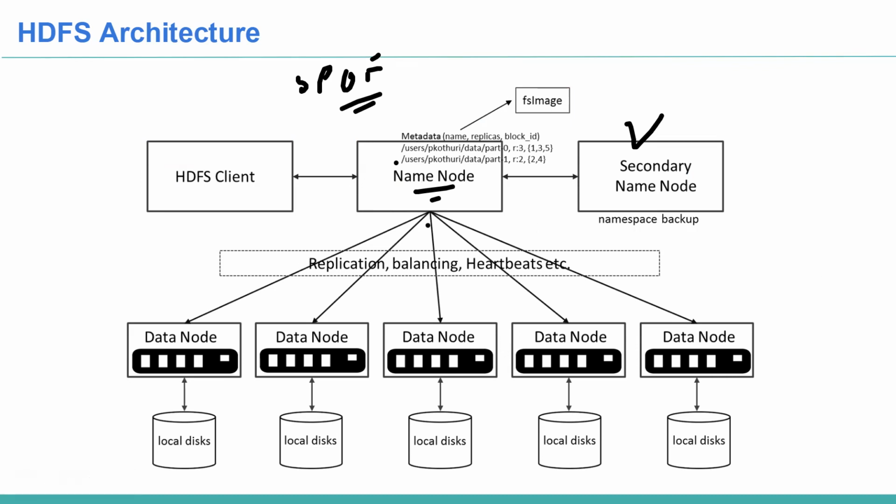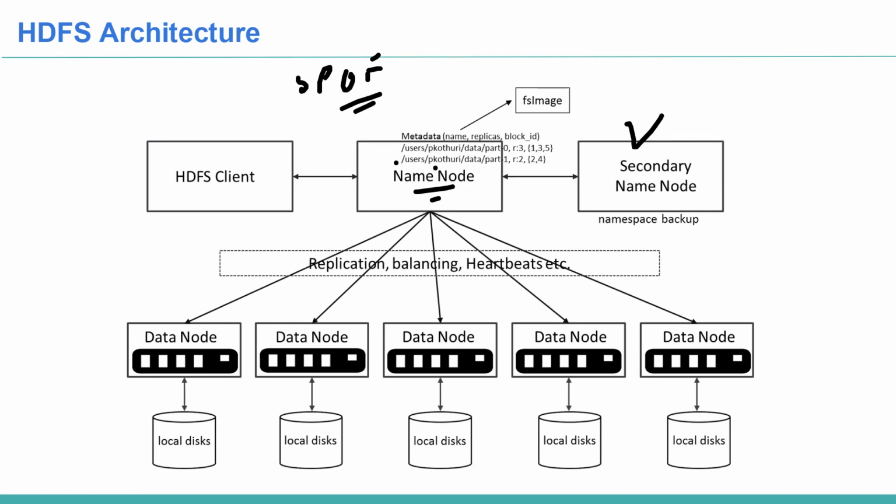So to avoid that, we have a concept of a secondary name node. So secondary name node will be having the copy of the name node, and this copy gets refreshed at a particular time interval. Let's say every 10 minutes, if there is any delta, new files came in, or new blocks created, all this information is sent to the secondary name node.